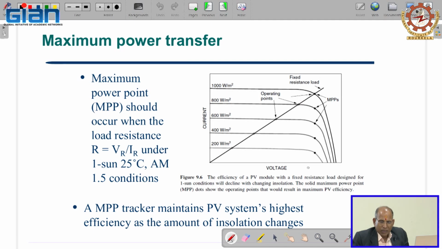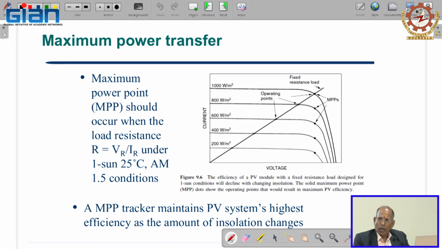So basically, you could even do MPP manually. Through the resistance you can try to adjust, say, corresponding to this point. But as time changes, it will not stay at the MPP point.